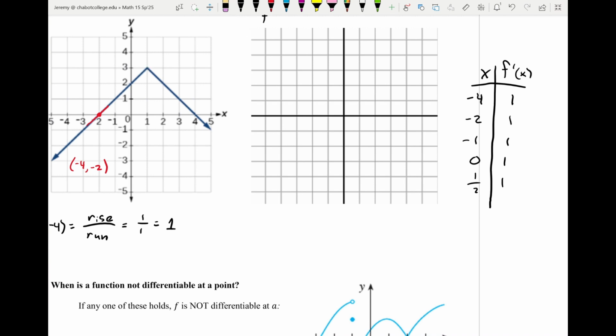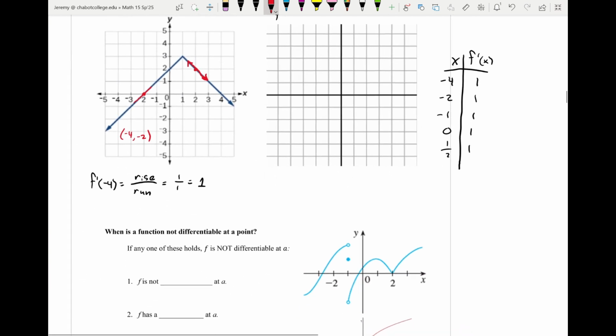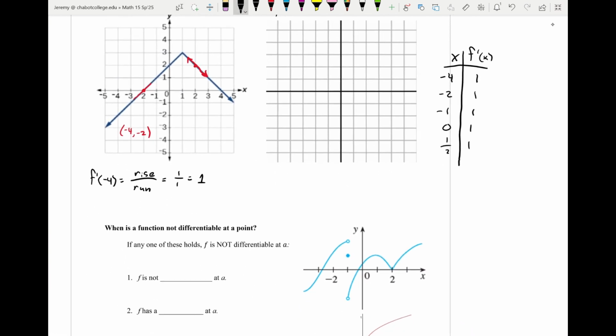Okay, let's talk about x equals 1 in just a second. On the other side of x equals 1, what's the derivative equal to at +2? Well, what's the slope of the tangent line at +2? It looks like f prime of +2, again taking the rise over run approach, the run is 1 unit, the rise is -1 unit.